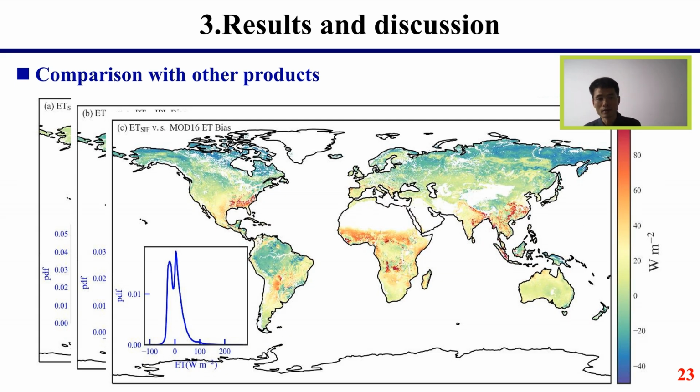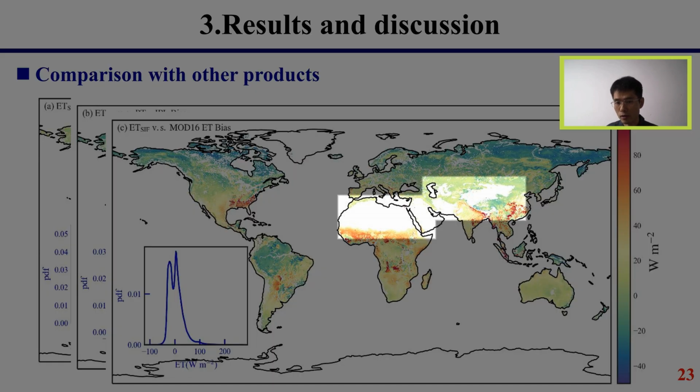We also evaluated the difference between ours and the MODIS 16 ET. The MODIS 16 evapotranspiration product has contributed a lot of knowledge to hydrological research regarding evapotranspiration. But their product is only based on vegetated area. So for the Sahara Desert and some other deserts, they did not evaluate.